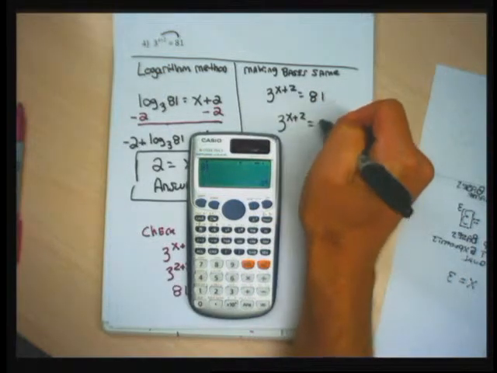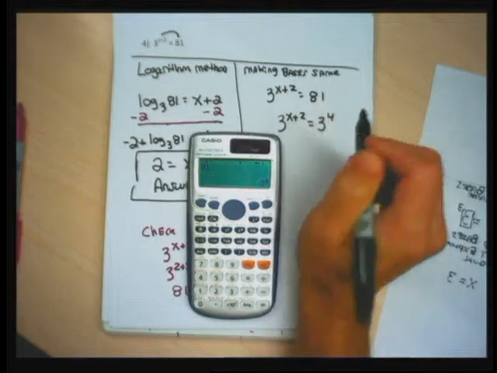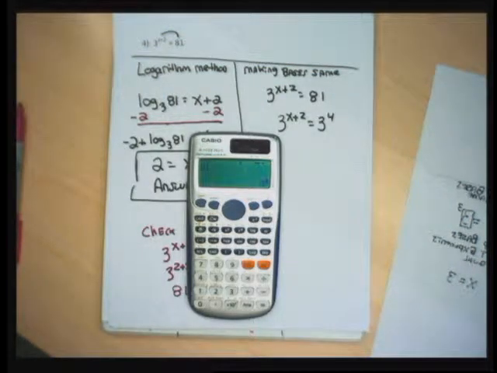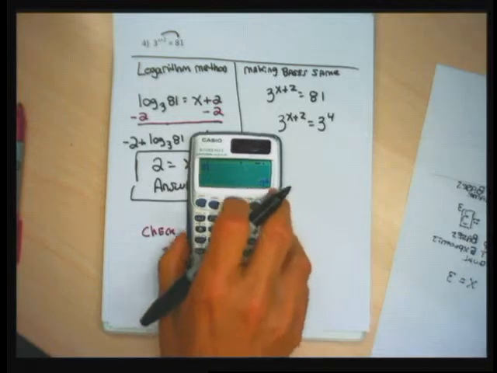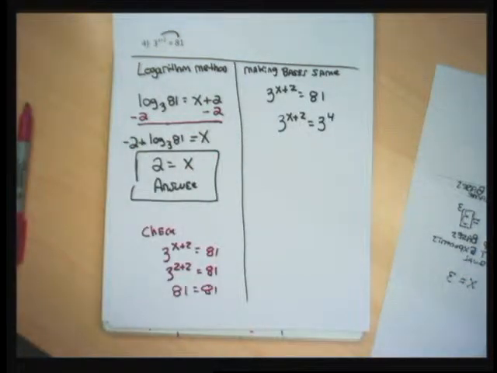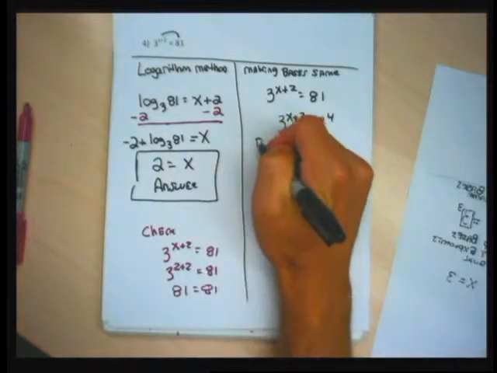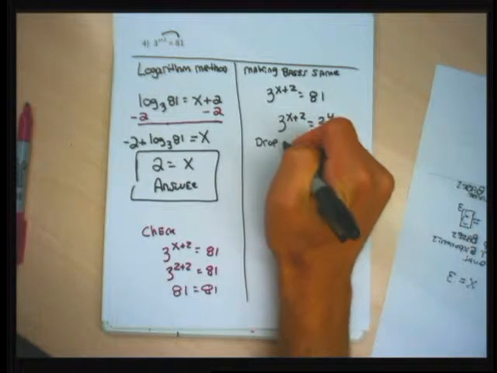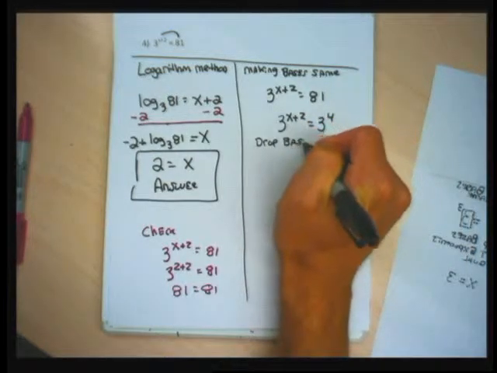And this method of making the bases the same is kind of easy when the bases are prime numbers. I don't have to be near as clever when the bases are prime numbers and if they're composite and not prime. So just like in problem 2, I have each side written with a base of 3. Since the bases are the same, I could drop the bases, which are the 3's, and set the exponents equal to each other.